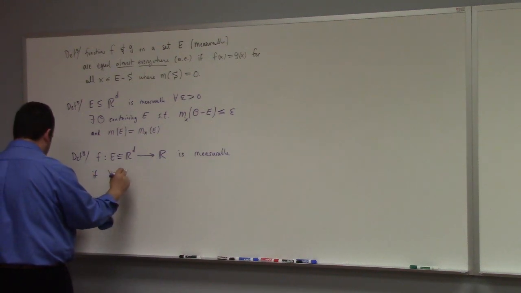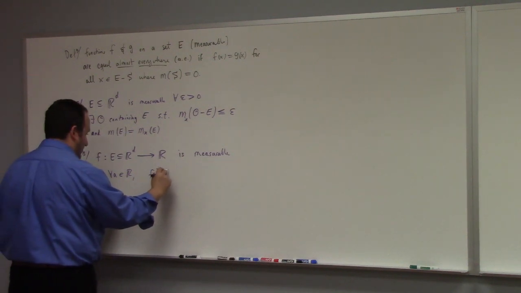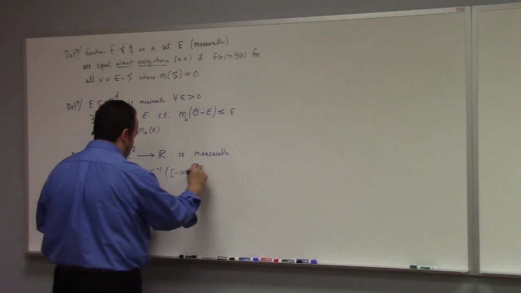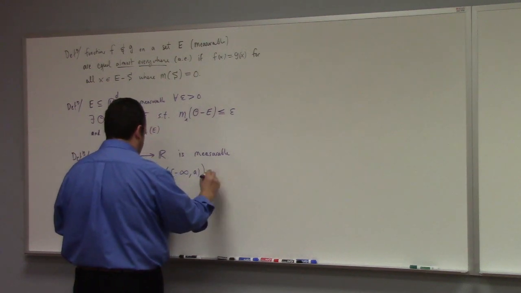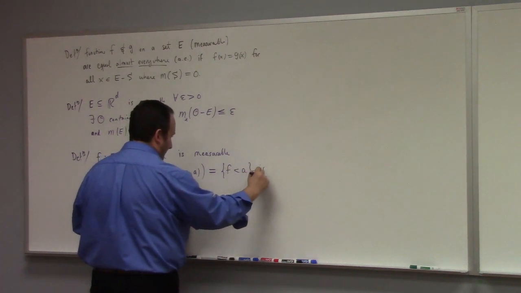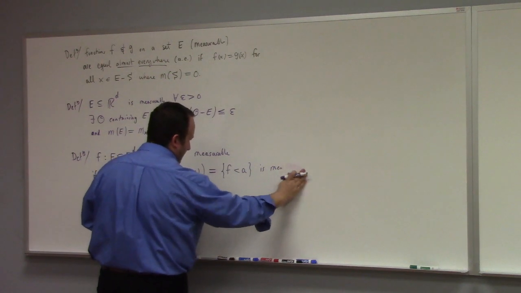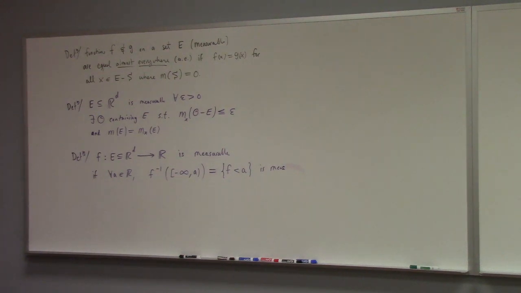For all a in the reals, the set f inverse of the interval from minus infinity to a, not included, is measurable. We had a notation for that. This was equal to, what was it? {f < a}, right? All right. So we have those properties, property 1, property 2, property 3.